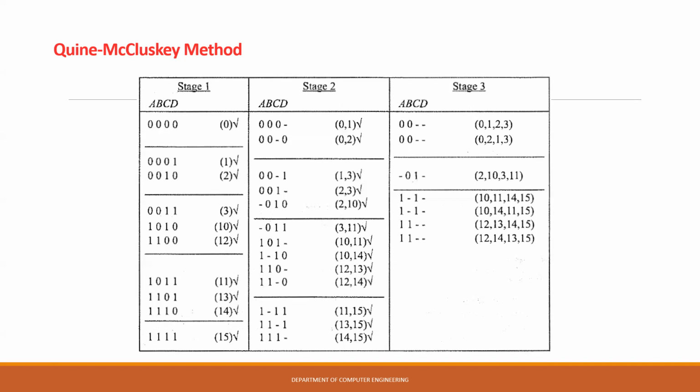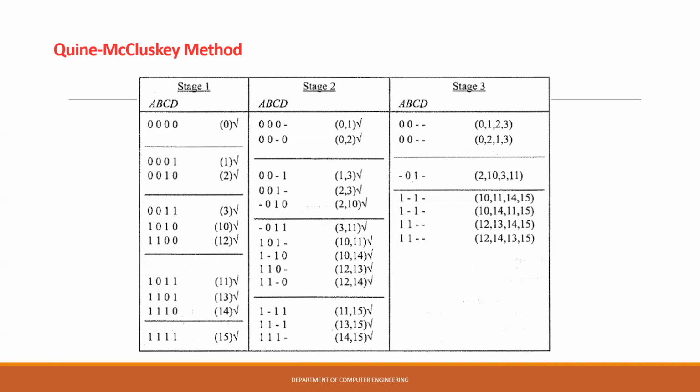In the second group, only a single group is available, that is 2, 10, 3, 11. We can take this group as it is. Now in the third group, there are two combinations from 4 min-term groups: 1 dash 1 dash is the first group and the second one is 1 1 dash dash.